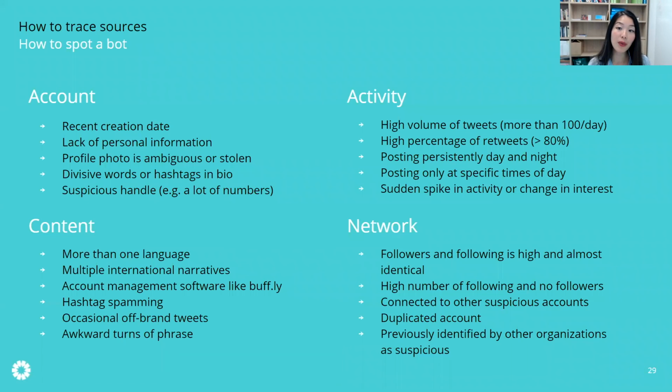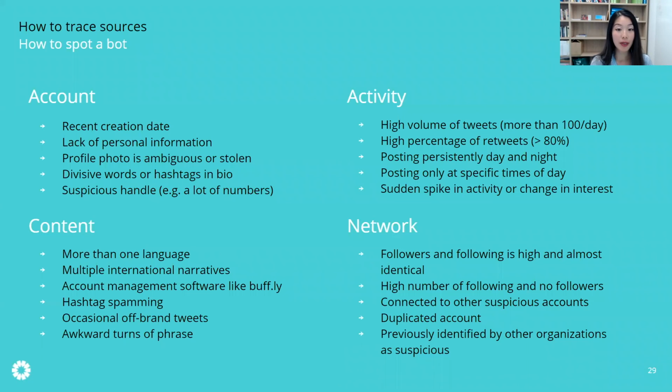Some of the things we can look at: again, when was the account created? Was it immediately after a breaking news event, or say at the beginning of the pandemic? A lack of personal information, maybe a stolen profile photo, is pretty suspicious. Also, if an account is spamming a particular hashtag, that's a good sign as well.